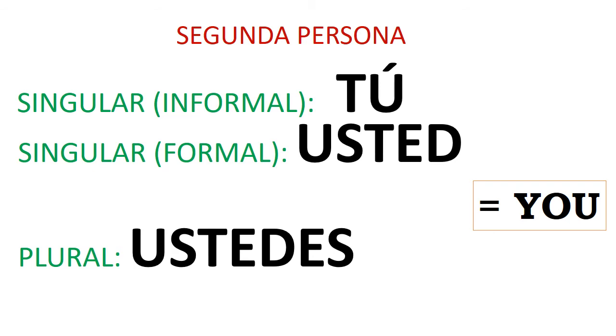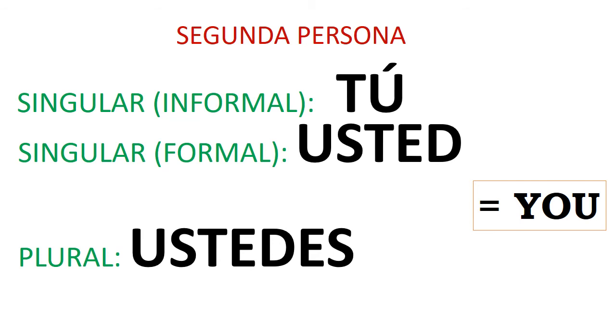For example, if I just met someone, I'm gonna use usted, not tú, because that's very informal. Tú is only for friends and family. So these are the two forms, tú and usted, for singular.